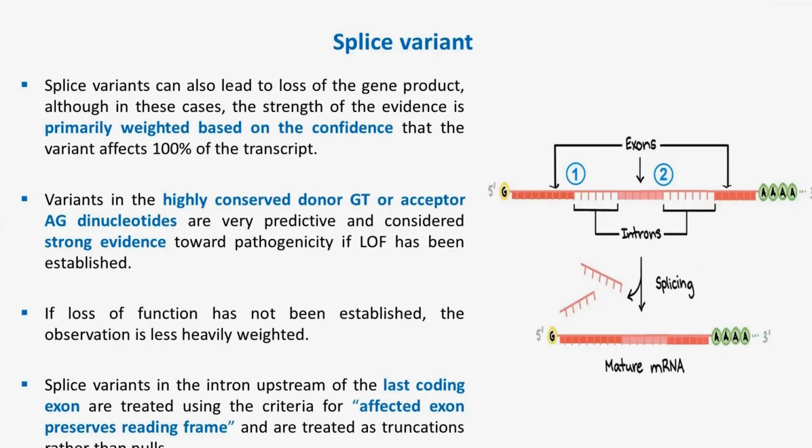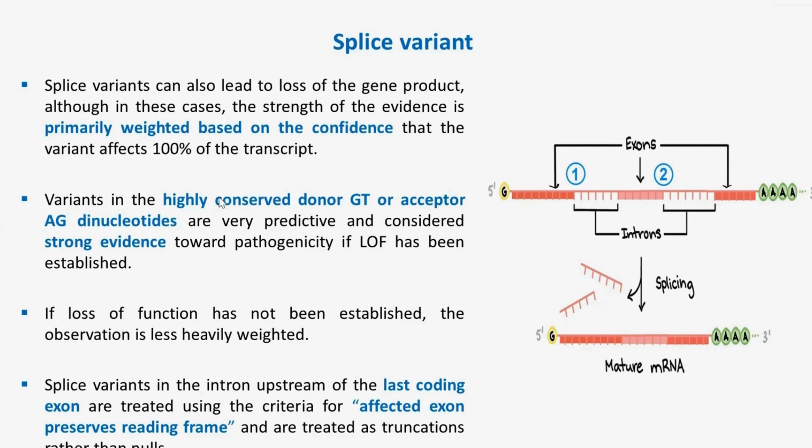Splice variants can also lead to the loss of the gene product. But in that case, there should be strong evidence that this transcript is 100% affected by that variant or not.